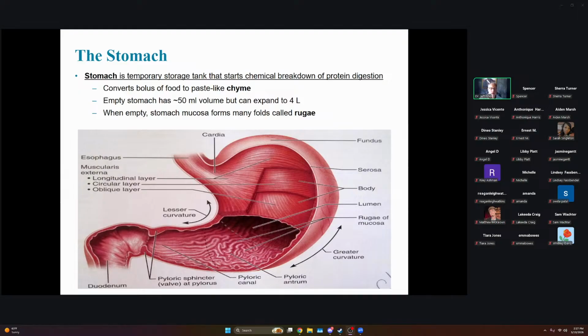Okay, so any nutrients, any monomers that pass through the small intestine without being absorbed are wasted value.